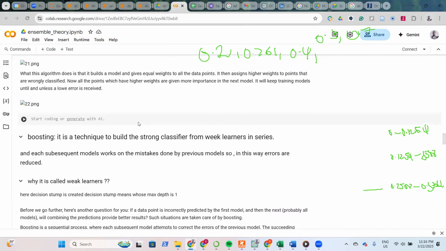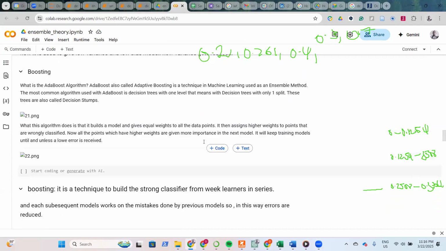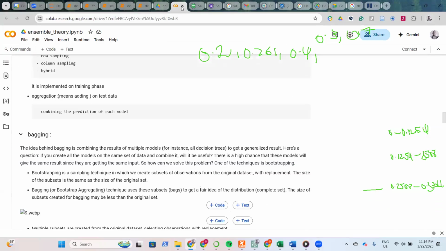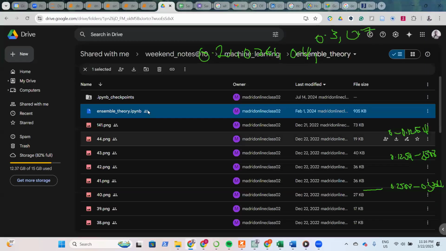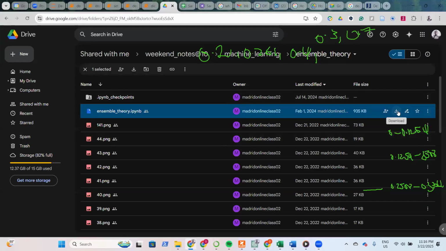Boosting technique. Oh la la, this guy did not plot my graphs. That's bad for you, bro. Let me download it. It will not bring up my images.